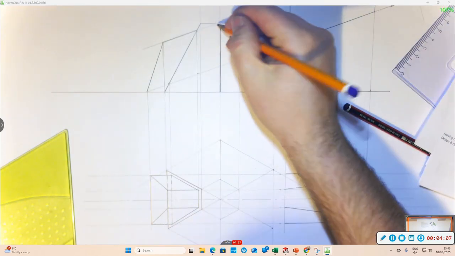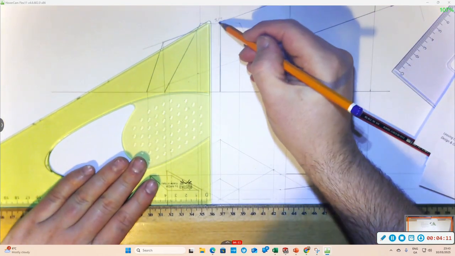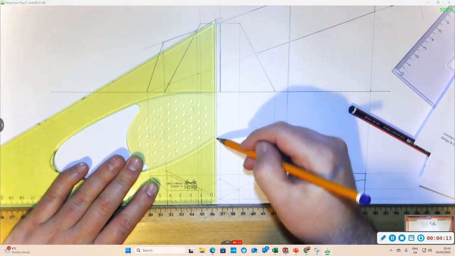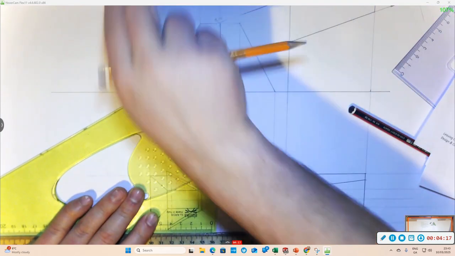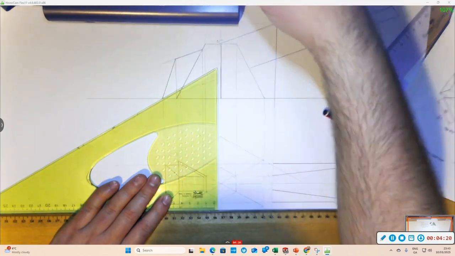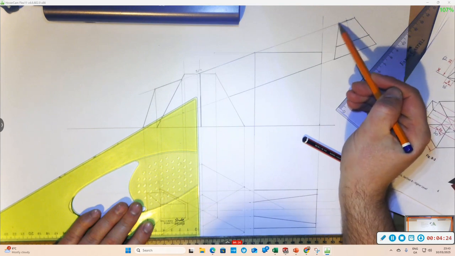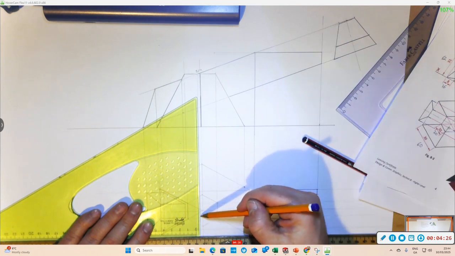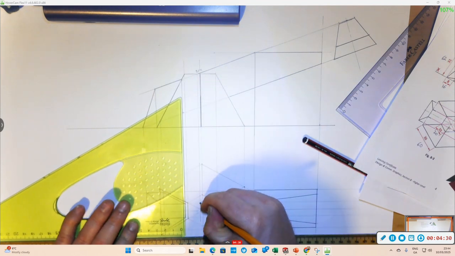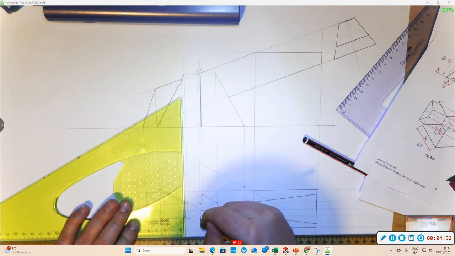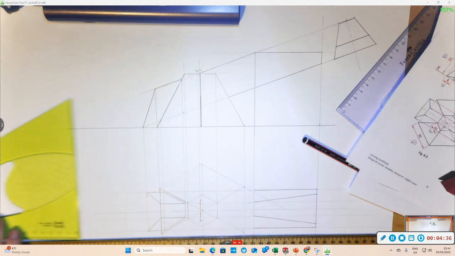So 1 and 2, I'm just going to drop 1 and 2 straight down. Okay, if we go back here, look, they're on these lines here. So they're on the inner lines that are 9 apart in plan. So we just drop them down. That's them there, 1 and 2. And they're heavy together.